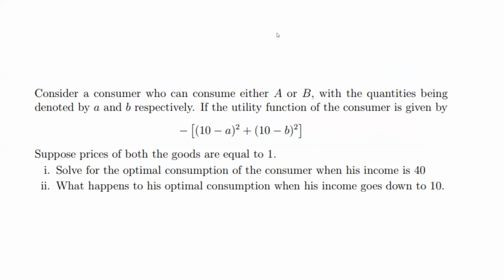You are trying to maximize this function, which is minus (10 minus a) square plus (10 minus b) square, such that a plus b equal to 40, right?